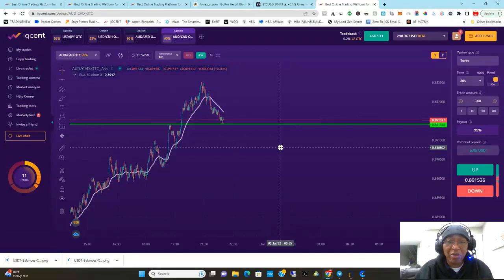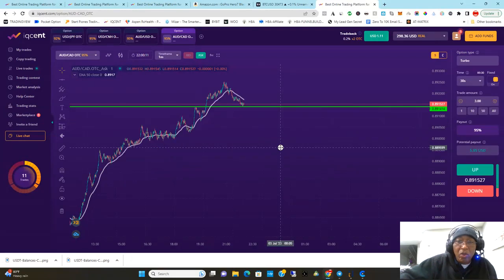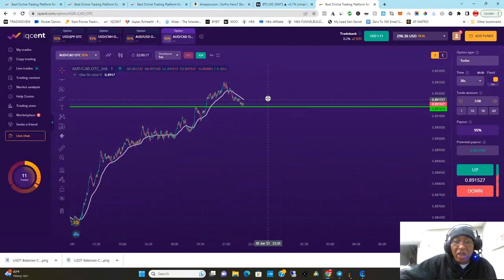But you have to be quick on the charts, and that's the key thing there, how quickly you can practice that. So you're quick to spot that the trade is not going in your direction. Not all brokers are good for this type of strategy, but IQCent is good.